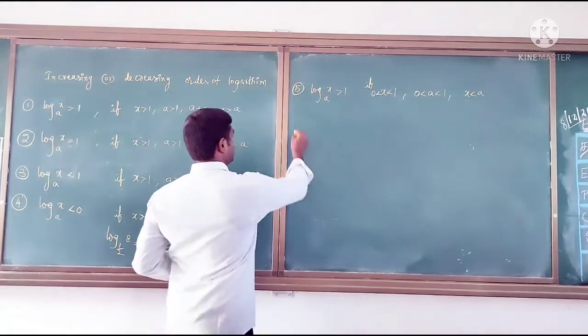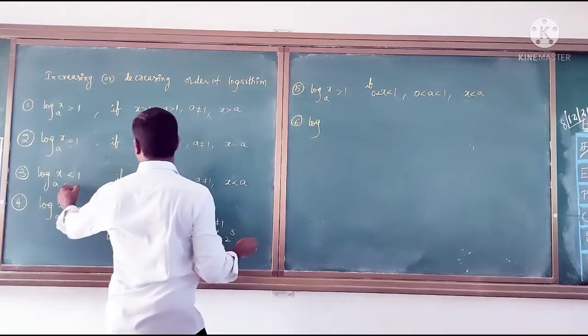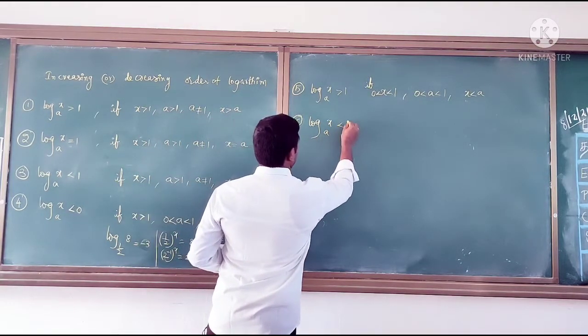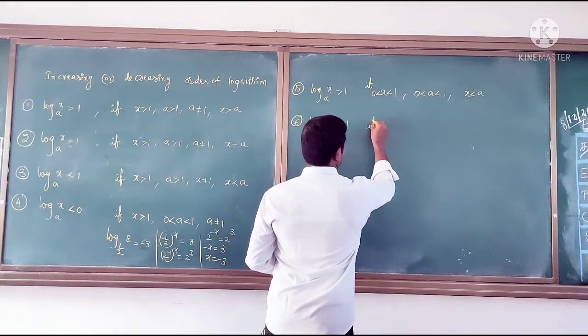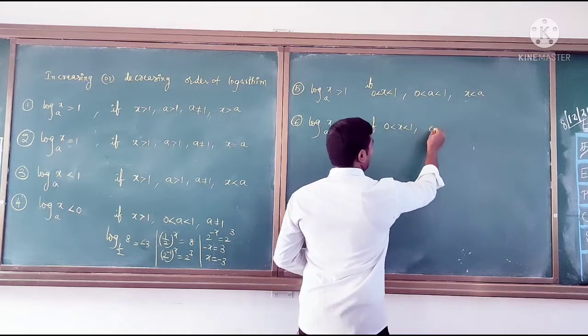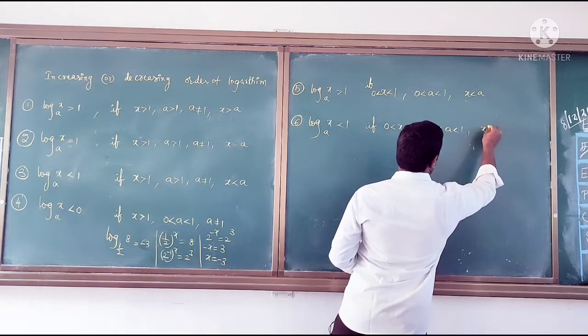So for the sixth condition we can write another one: log x to the base a is less than 1 if x lies between 0 and 1 and a lies between 0 and 1 and x is greater than a.